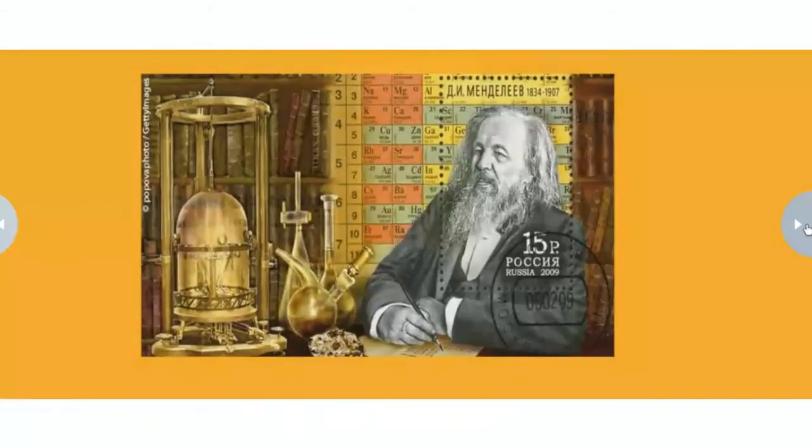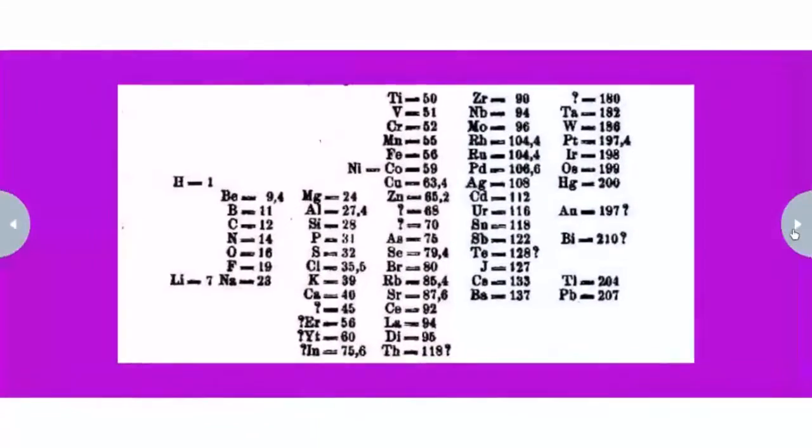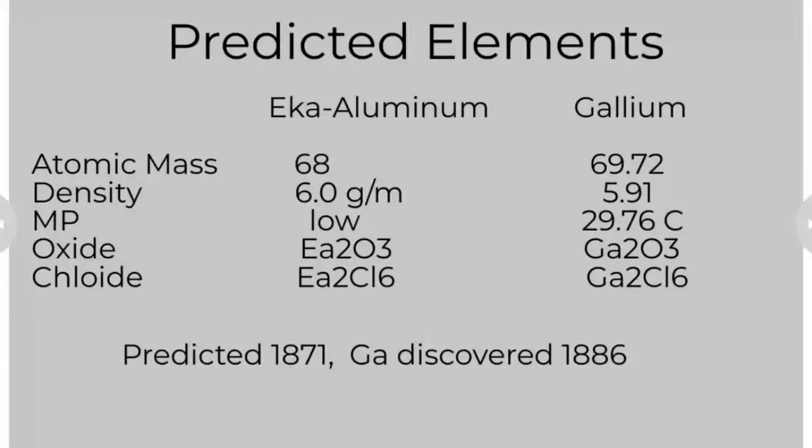Okay, so he predicted this Eka aluminum. And you see here's what he predicted in 1871, and then he published a paper.